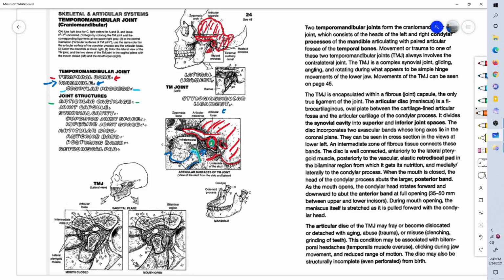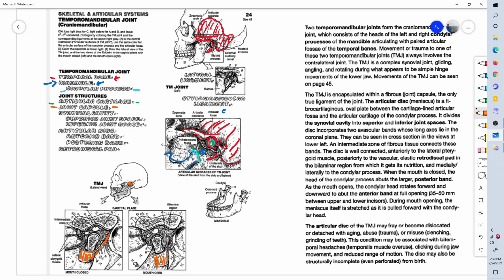The joint is covered by a joint capsule, a collection of ligaments and structures that surround the temporomandibular joint. It is diagrammed here. It's the surrounding structure, keeping it nice and tight and snug in there, and keeping the synovial fluid inside.